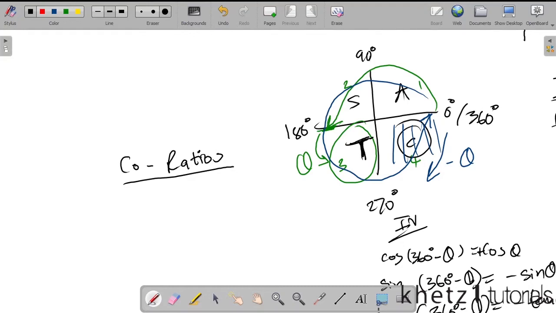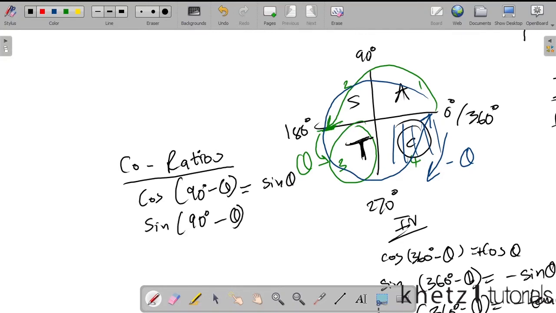These co-ratios basically say that if you have the cosine of 90 degrees subtract theta, it becomes sine theta. These are just transformations which you should know, and they're going to be quite helpful as you go along.